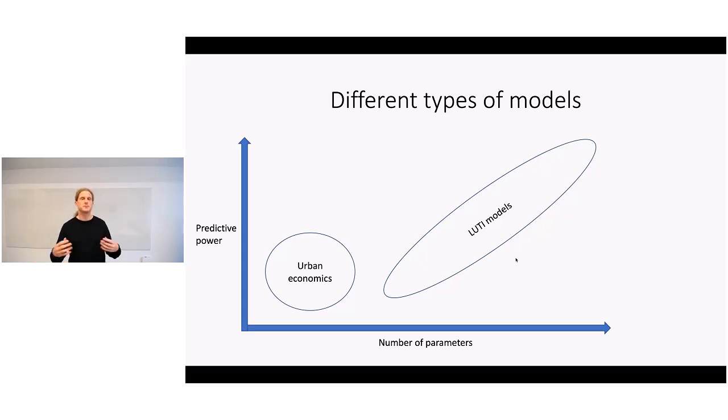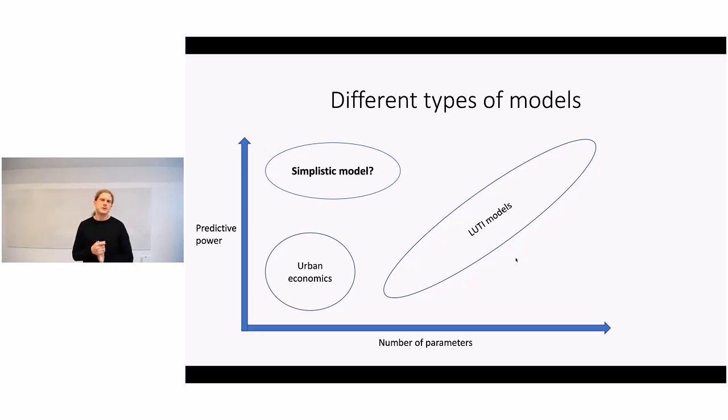You have to have more input data, more parameters to tune, but then you get a better predictive power. But what we would like to achieve is a more simplistic model that doesn't require so many parameters, but has a good predictive power.